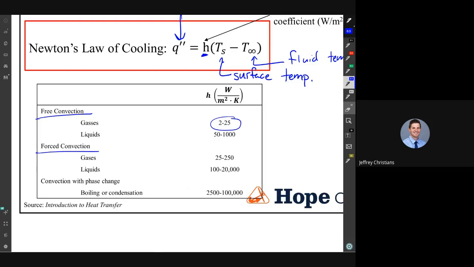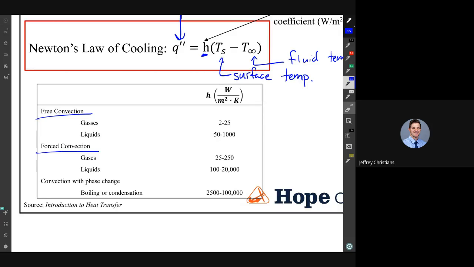If you go from a gas to a liquid, you get bigger numbers. Liquids are going to be better at cooling because they're higher density, so they can more effectively remove heat from a surface. Okay, so how much more? Well, a lot more, 10 times, 50 times, depending on the liquid and the conditions. But they're a lot better at convection.